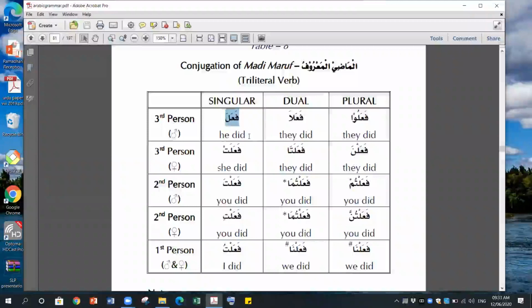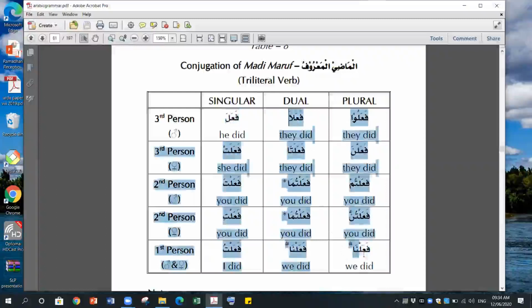So when there is nothing, only three letters, they are the root letters. Always the first word of fi'l al-madi will be only the root word, and all the next will have some addition.